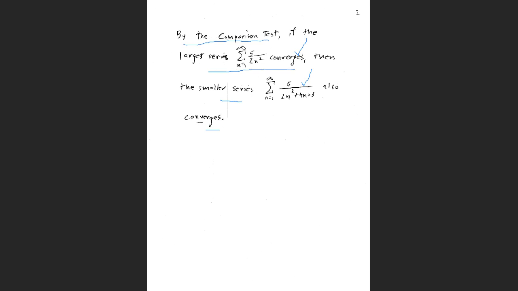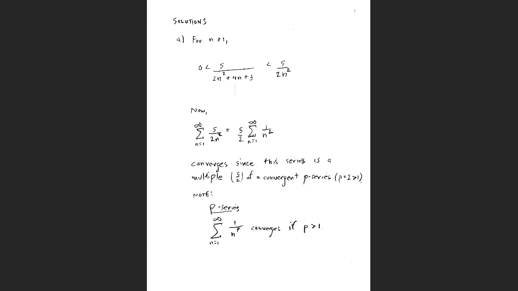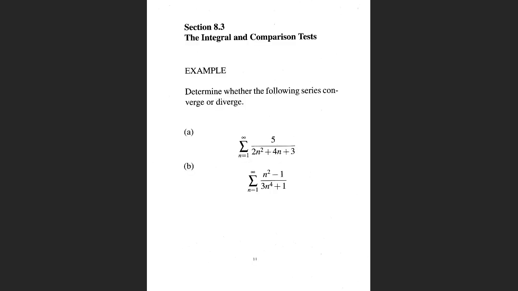All right, let's go to the second series. Again, here's the second series. Using your intuition here, when n is large, are the terms of the series going to be affected much by this -1 in the numerator?